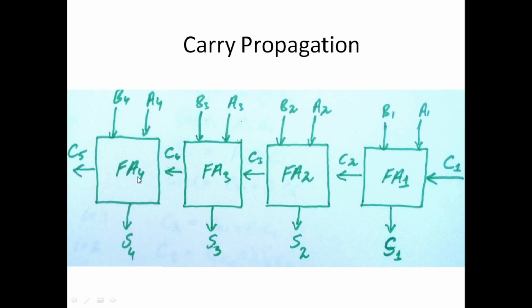And similarly, full adder 4 gets the 2 bits A4 and B4 on time, but it cannot generate the sum bit 4 unless and until it gets the input carry C4, and this C4 can only be available if full adder 3 gets C3 and the 2 inputs, and this C3 can only be available if full adder 2 gets the 2 bits and the input carry.